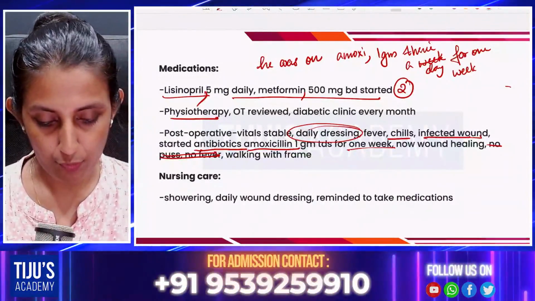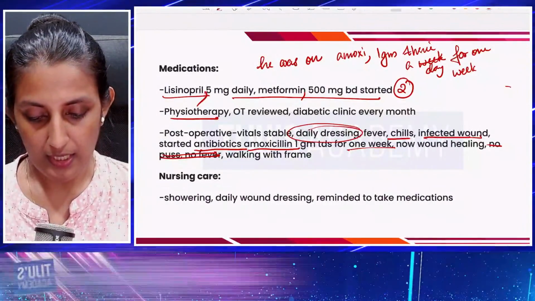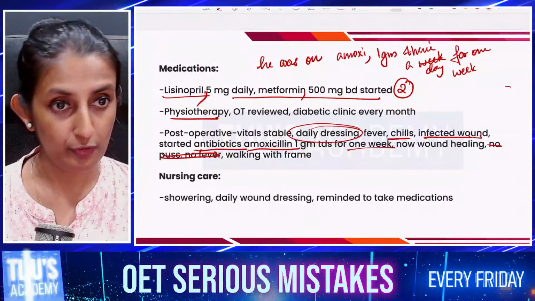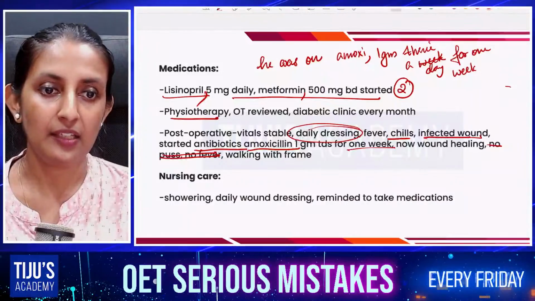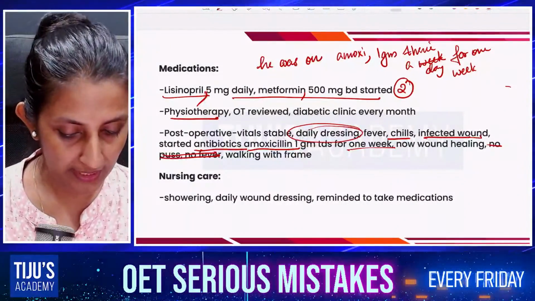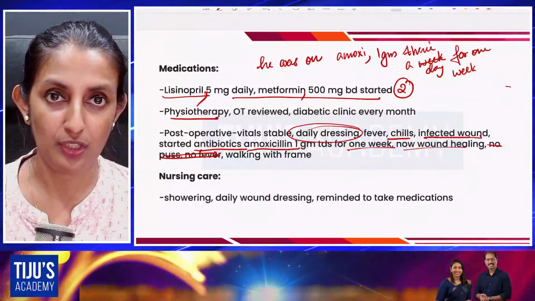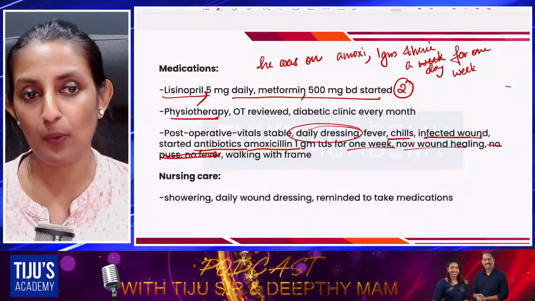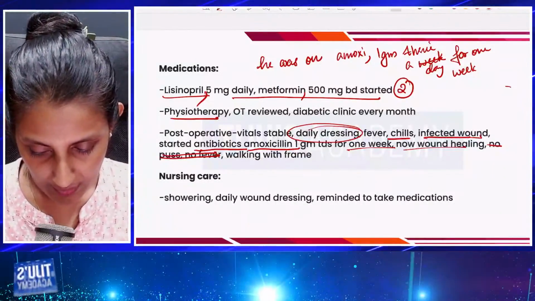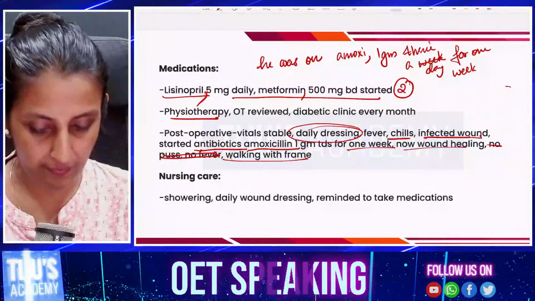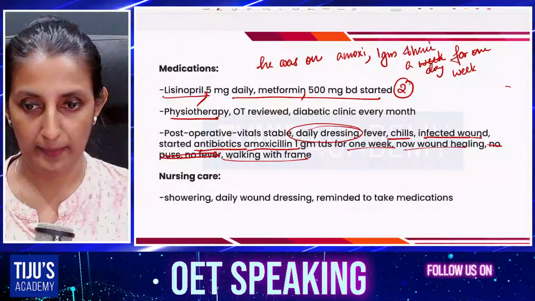സോ നമ്മൾ എന്ത് പറഞ്ഞു? മെഡിസിൻ മാനേജ്മെൻറ്റ് പറഞ്ഞു, ഫിസിയോതെറാപ്പി OT റിവ്യൂവിൻ്റെ കാര്യങ്ങളും എല്ലാം പറഞ്ഞു. ഇനി നമുക്ക് എന്താണ് പറയുന്നത്? നൗ വൂണ്ട് ഹീലിംഗ്. വൂണ്ട് ഇപ്പോൾ എന്താണ്? ഹീൽ ചെയ്യുന്നുണ്ട്. സോ കറൻ്റ്ലി ഹി ഹാസ് മെയ്ഡ് ഗുഡ് പ്രോഗ്രസ് ആൻഡ് walks with the help of a frame.